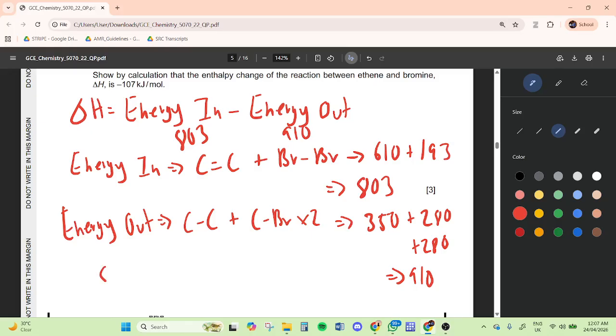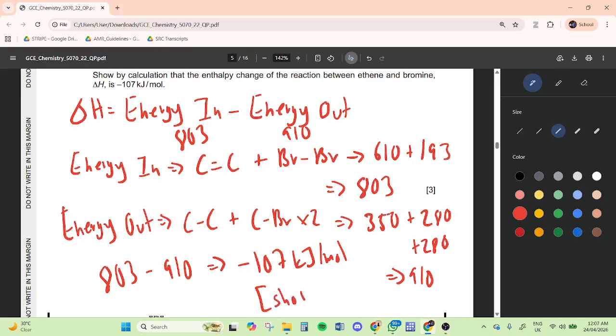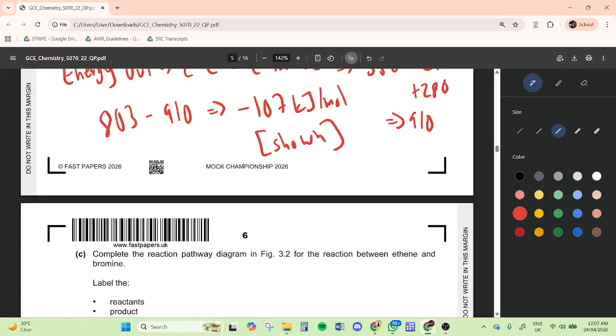So if you do 803 minus 910, we show that the enthalpy is actually minus 107 kilojoules per mole. And then finish it off by writing down shown. And there you go. So that's how you calculate bond breaking over here.